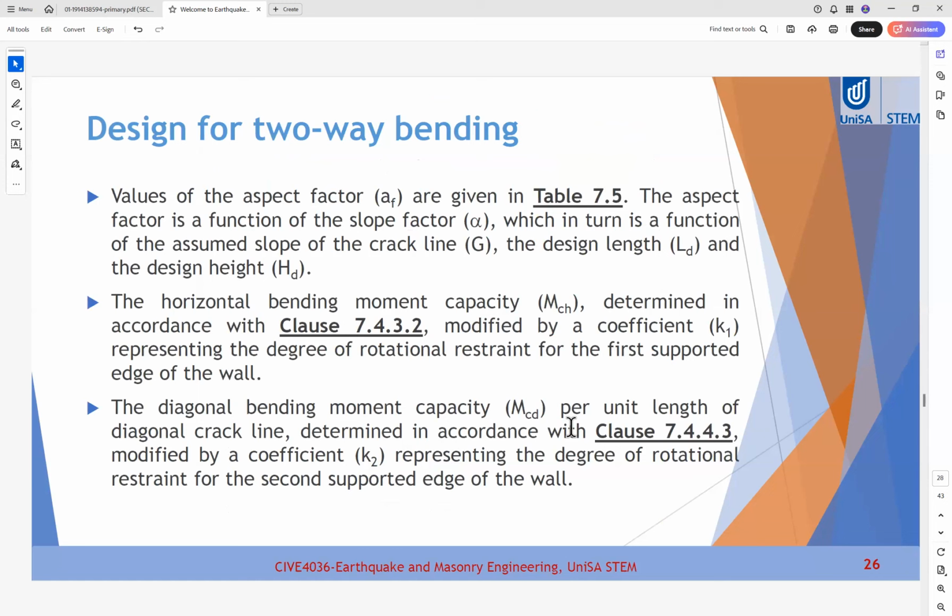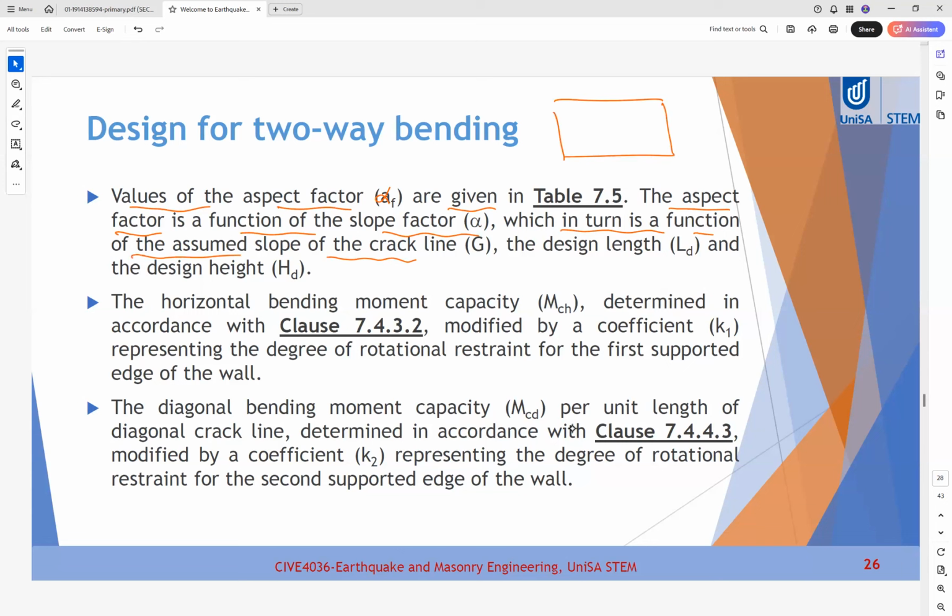Okay, so this is some definition or explanation of alpha and the factors in the table. The values of the aspect factor alpha F are given in table 7.5. The aspect factor is a function of the slope factor alpha, which in turn is a function of the assumed slope of the crack line.